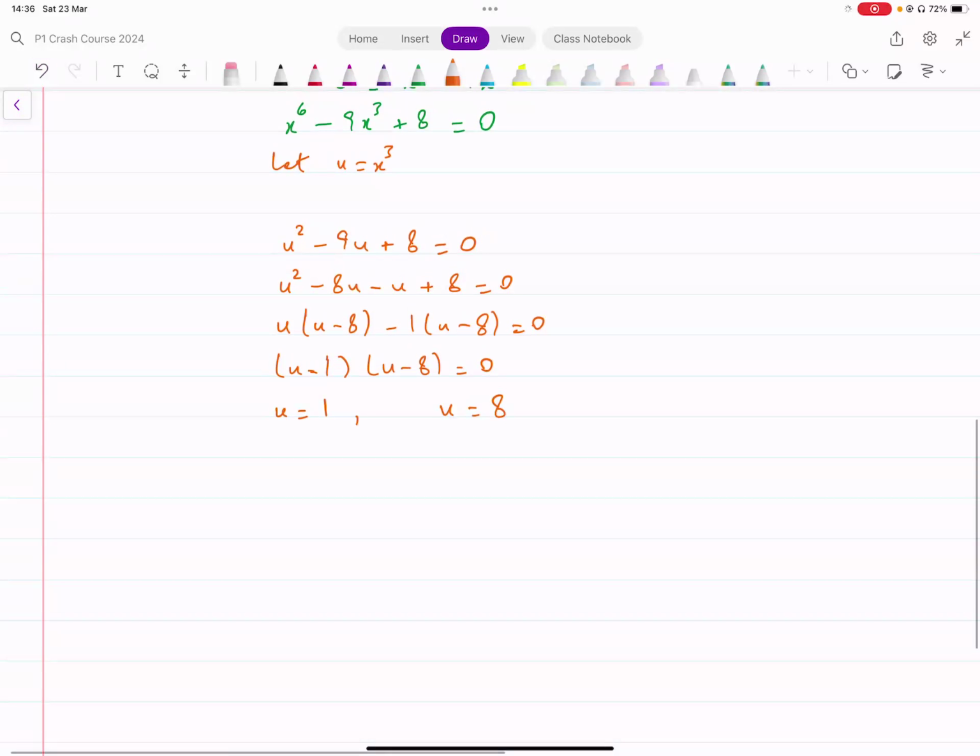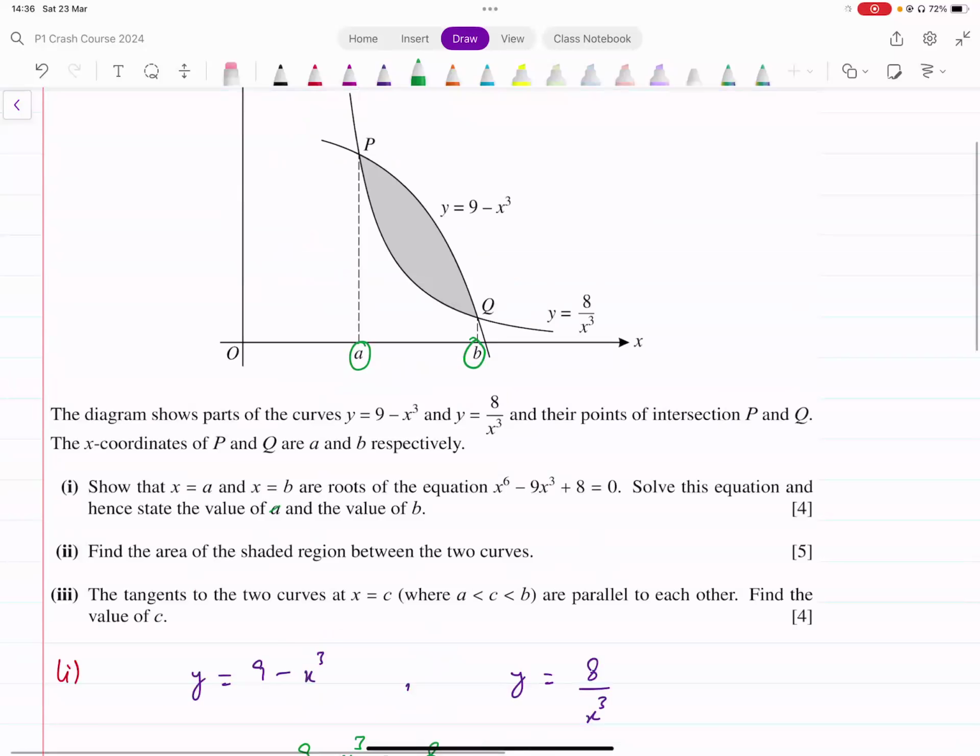Now, we were actually looking for values of x, not u. So we can put that substitution back now. This means either x cubed equals 1 or x cubed equals 8. So one value of x that we get is x equals 1 and the other value of x is 2, by taking cube root on both sides. Now, we were looking for values of a and b. a is supposed to be the smaller of the two values, b the larger.